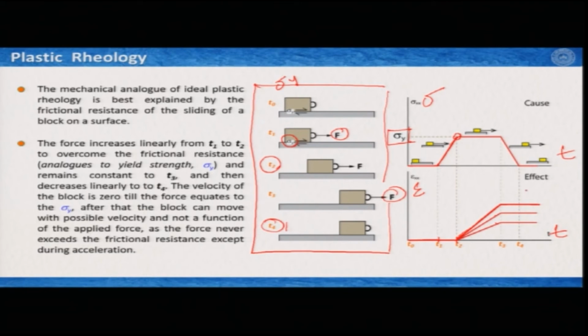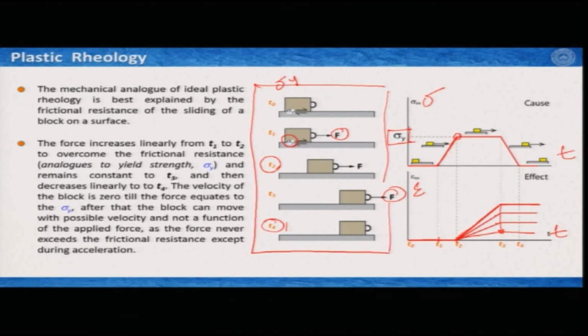Now, why can we have n number of possibilities of different curves? It is simply because when the block starts moving, you do not have any control over the displacement, right. So, this is some sort of material property which is independent of the force or stress you are applying. So, what is written here, the velocity of the block is 0 till the force equals the sigma y or yield stress.